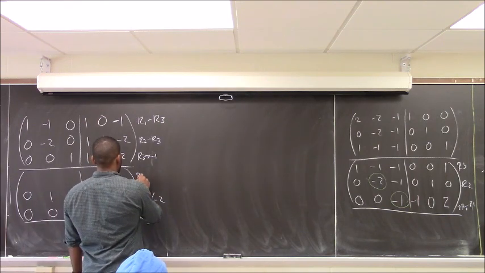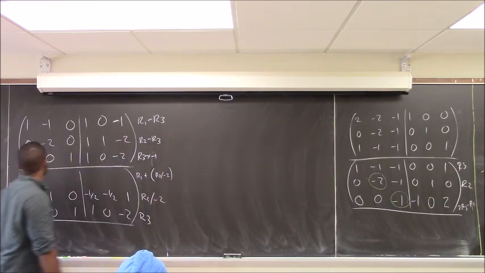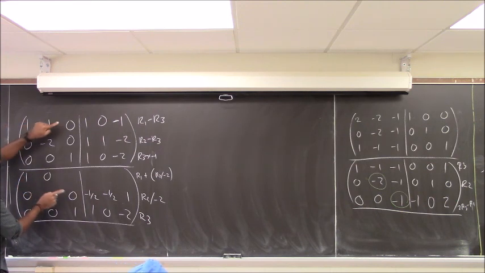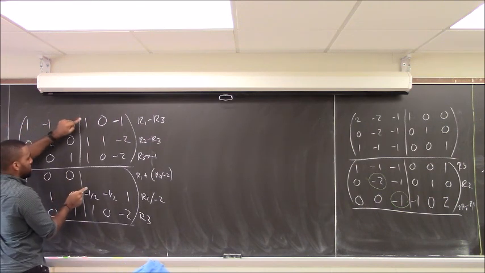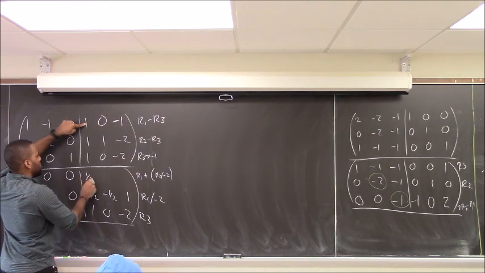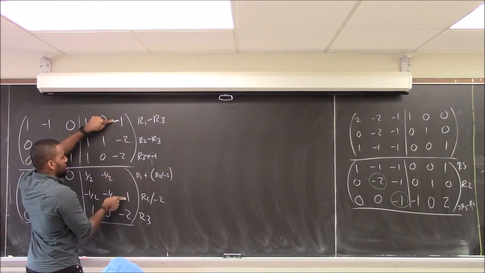So take row 1 plus the row 2 over -2. And I'm going to get this plus that, 1, this plus that, 0, this plus that, 0, this plus that, 1 plus a minus a half, gives me positive 1/2, this plus that, minus a half, this plus that, 0.